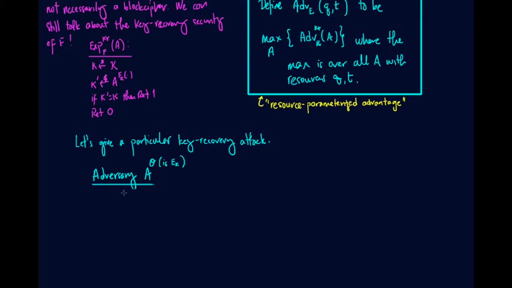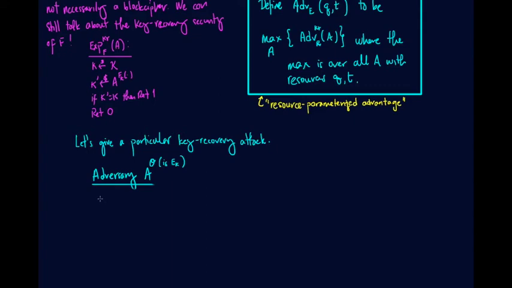Sure, why not? I'm not actually sure where this is going to go, but let's give it a shot anyway. Let's make up a new adversary, and we'll just call it A generically. So what does this adversary A do? We have to describe the steps. We know it has to run. It has to potentially ask some oracle queries, and it has to output a guess at the key.